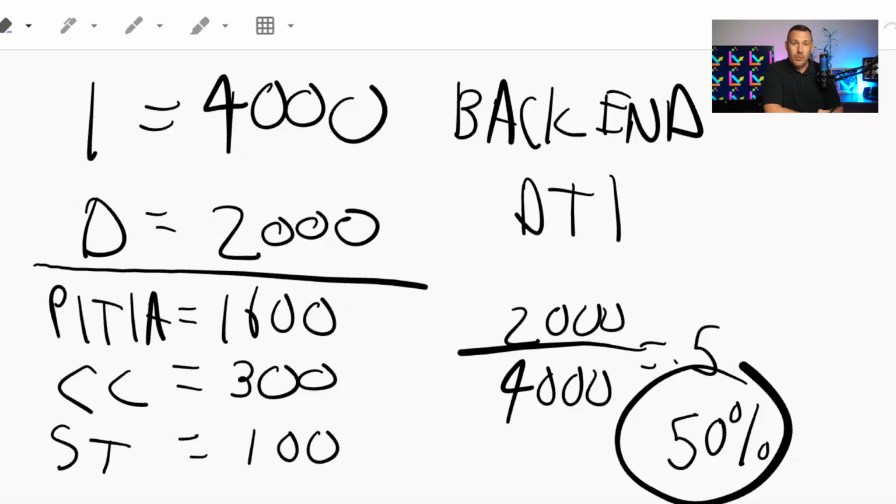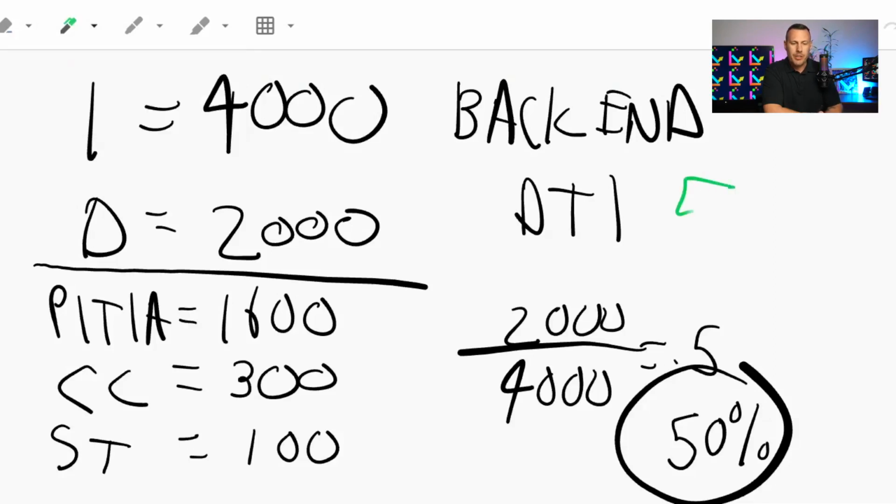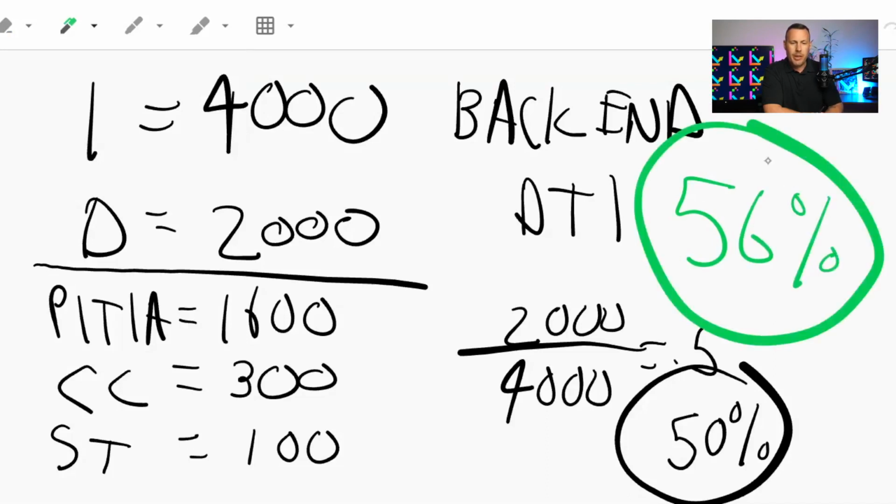There are loans, for example, VA loans, veterans loans, or FHA loans, Federal Housing Administration loans. Many of those are for first-time home buyers, where you can go up to 56%. So let's put this number here. You can go up to 56% on a back-end DTI for FHA.